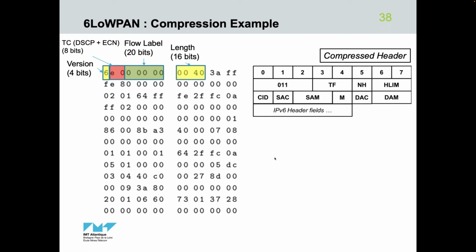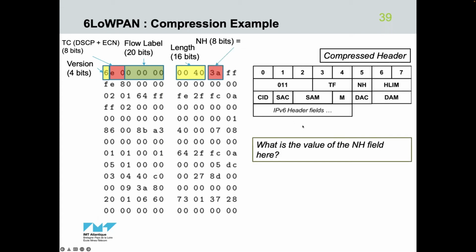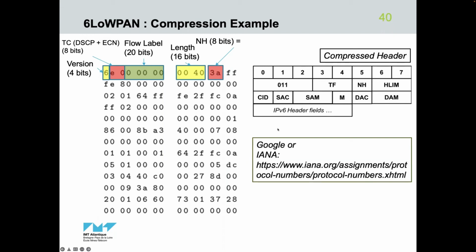Then we have a 16-bit field, which represents the payload length. Then we have the next header field, which identifies the next protocol header following the IPv6 header, such as ICMP, UDP, TCP. Now, if you're wondering which protocol the value 3A in hexadecimal format represents, you may easily find it if you go and search on Google by typing something like next header IPv6 values.